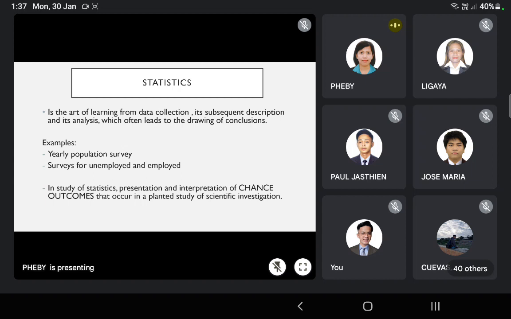In the study of statistics, presentation and interpretation of chance outcomes occur in a planned study or scientific investigation. Bakit ba natin kinukuha yung statistics and probability? Basically, on data collection, sa engineering gumagamit tayo nito. This is the first thing we do on our projects.